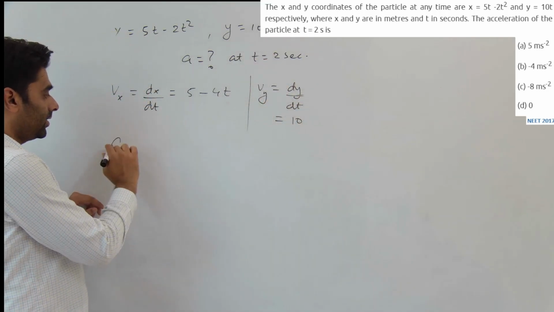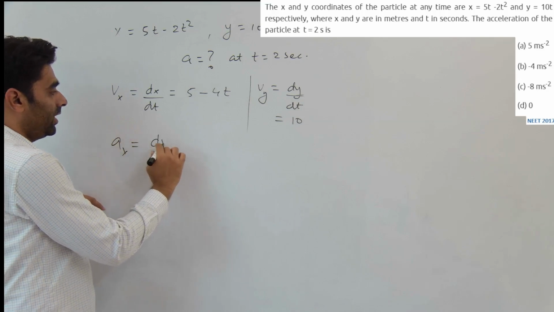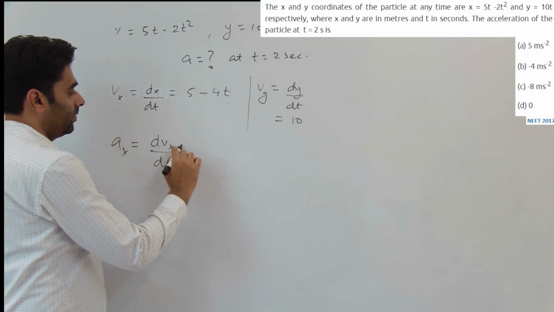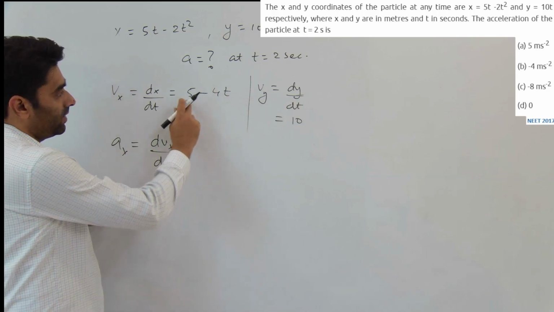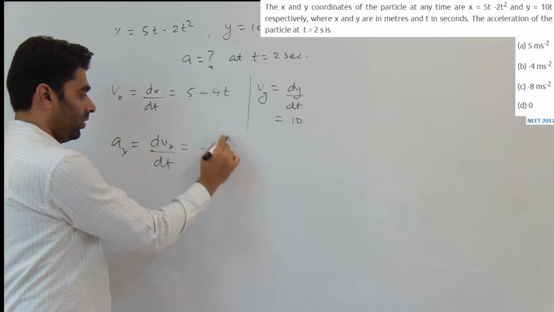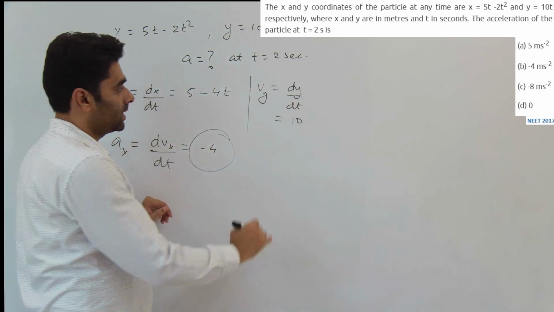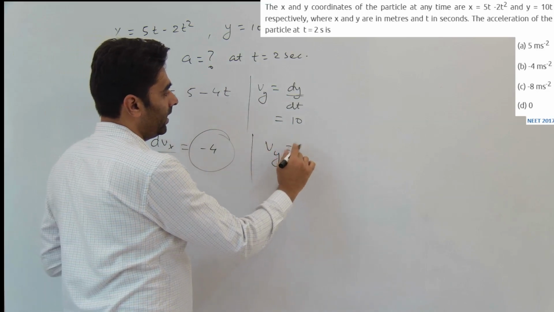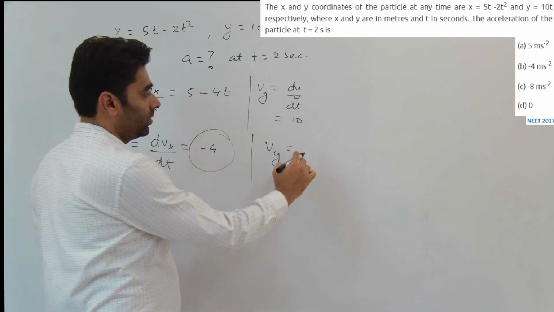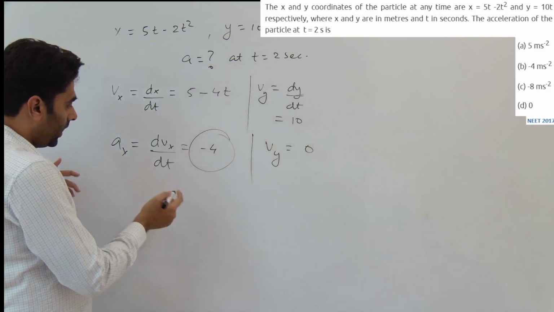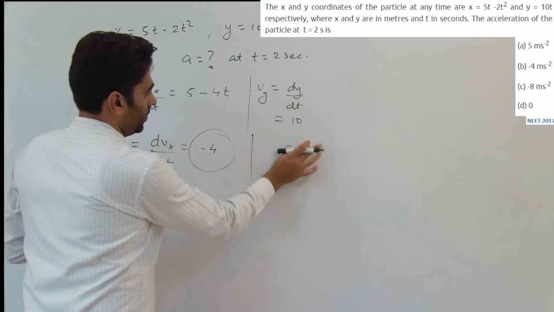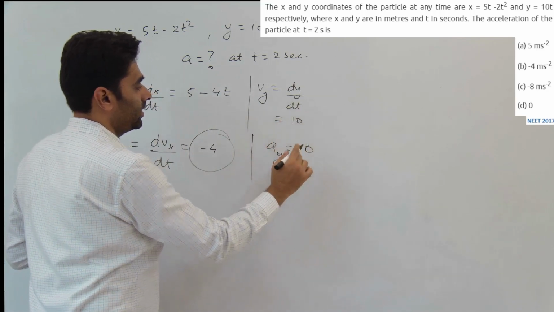Next, acceleration. Acceleration in x will be your dvx by dt, which if we differentiate it, 5 is 0, minus 4t is minus 4. Okay. Next is vy. Vy value, if we differentiate this, comes out to be 0. Simple story. So ultimately this is your acceleration in y. Acceleration in y is 0.